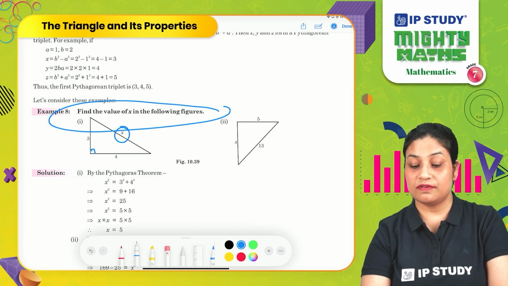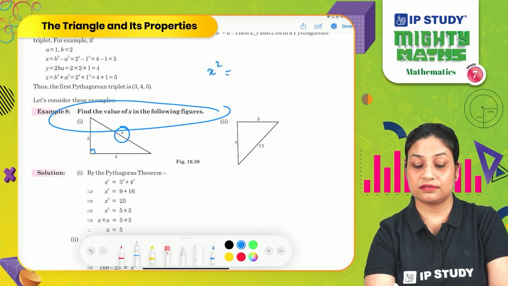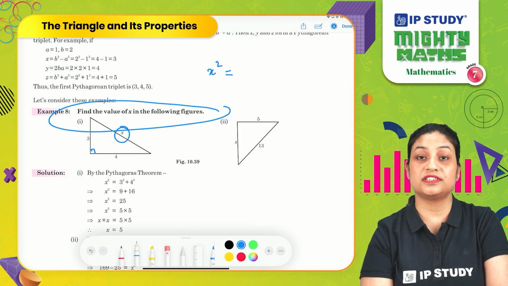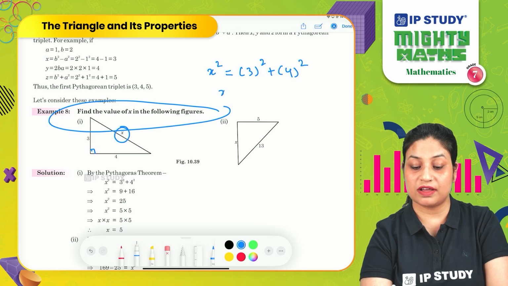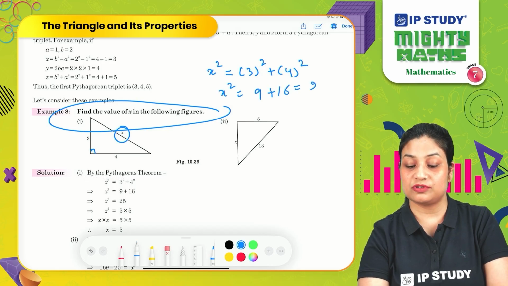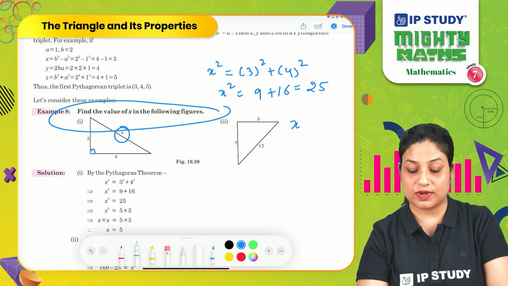So, here we have to find the value of x, the third side. If I do so, I will get 25. So, x square is equal to 25.